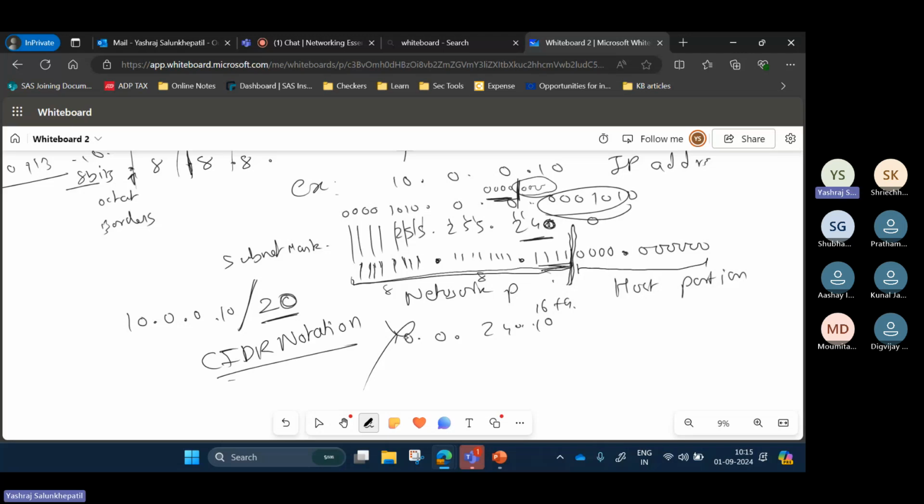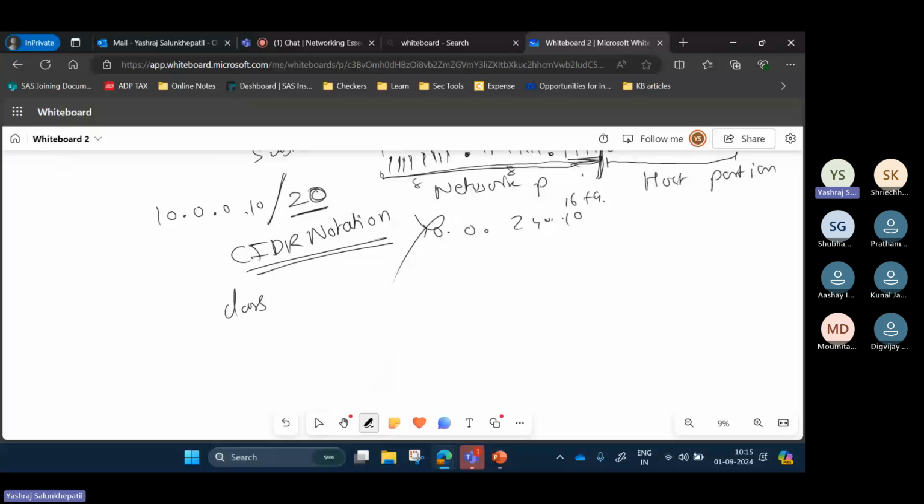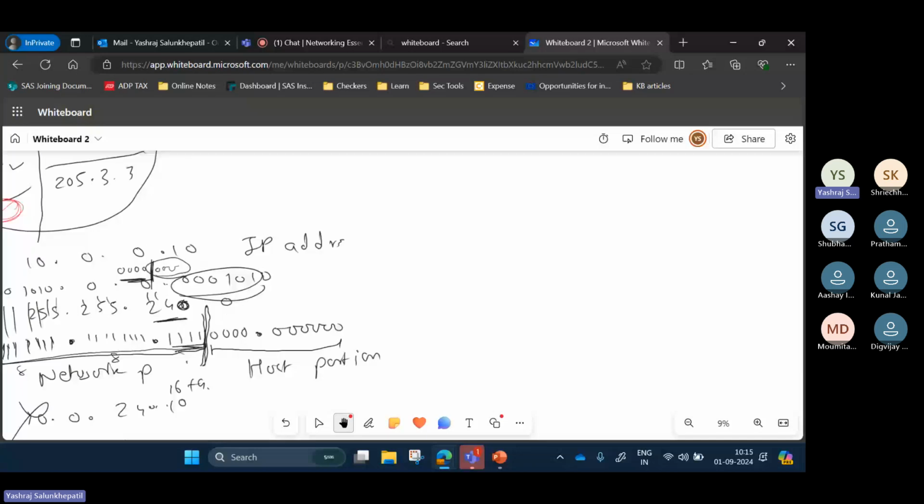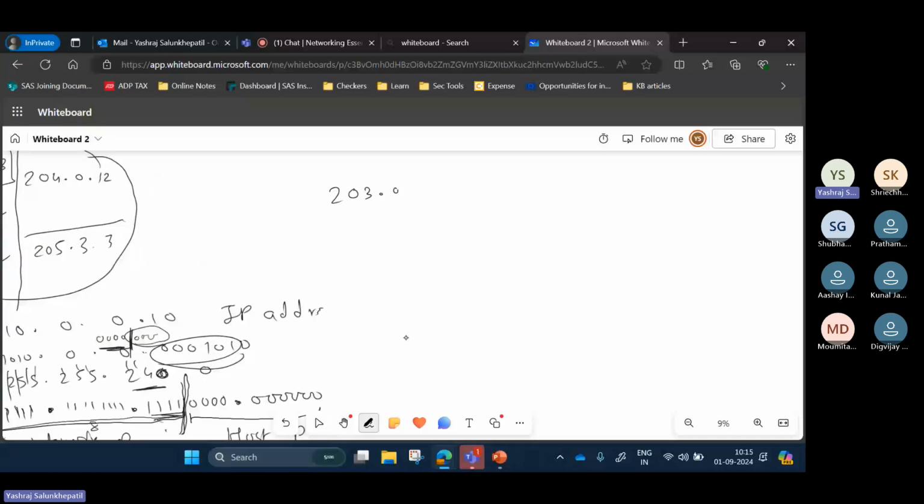Okay? This is known as CIDR notation, which means classless interdomain routing. Okay. Now let's take the first example, which was 203.0.113.10. इसमें we had this as network portion, this as host portion. ठीक है? उसका subnet mask was 255.255.255.0.